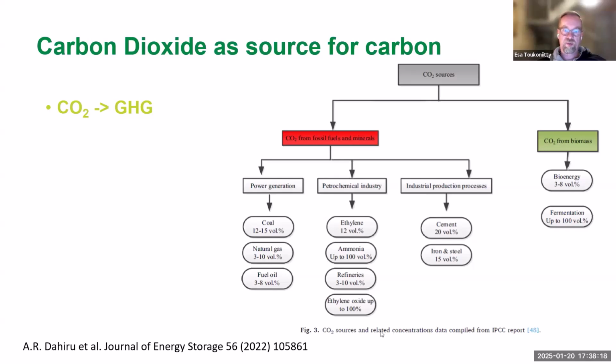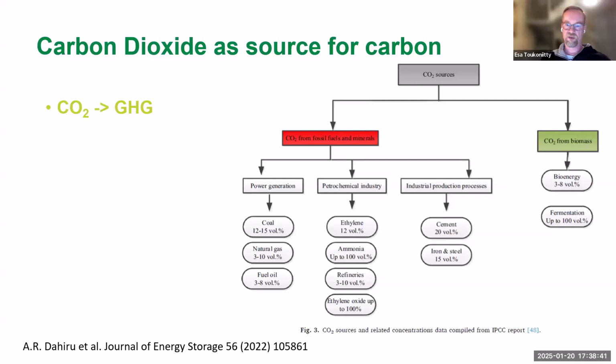The petrochemical industry also produces it. The petrochemical industry is not part of the course. It's a very complicated multi-step industrial branch, and there are various products and processes, but in many of those processes there's release or production of carbon dioxide.